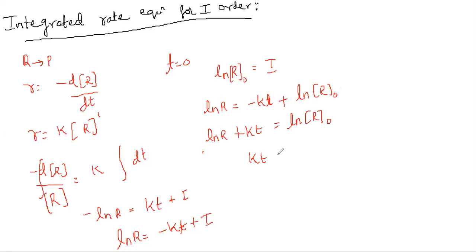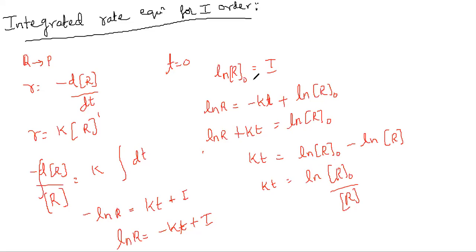So therefore kt is equal to ln r naught minus ln r, whole thing divided by. If we want, after this we apply the logarithm formula, kt is equal to ln of r naught by r, that is how we have to write it.